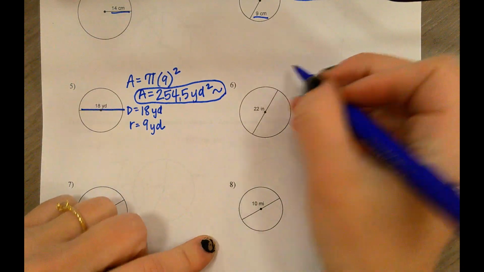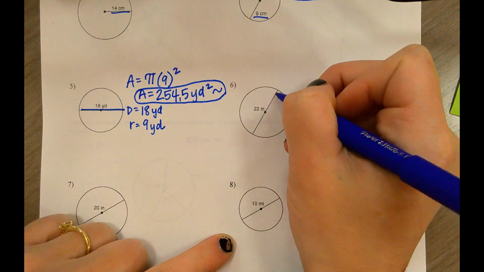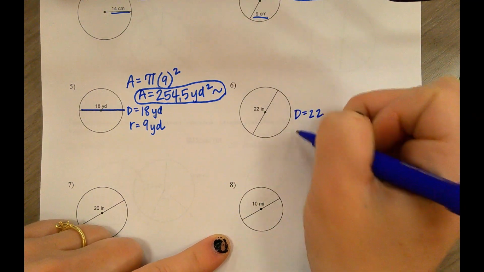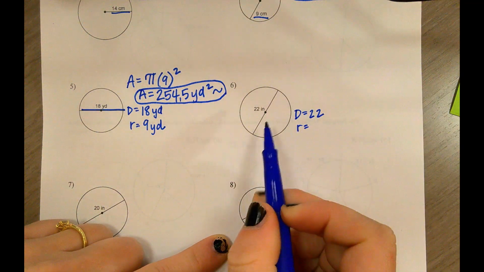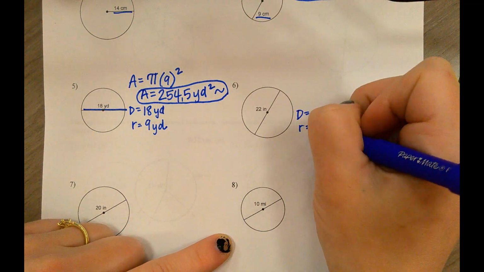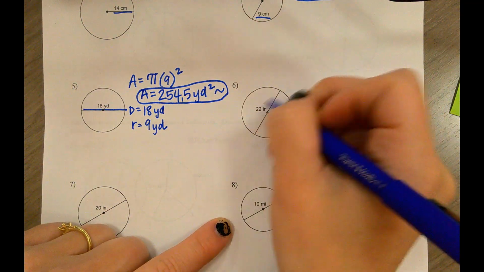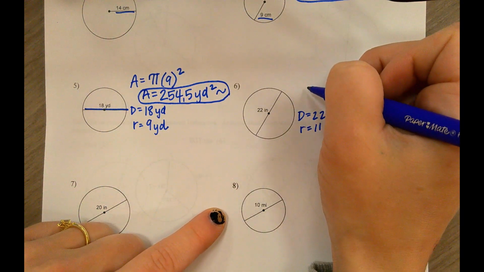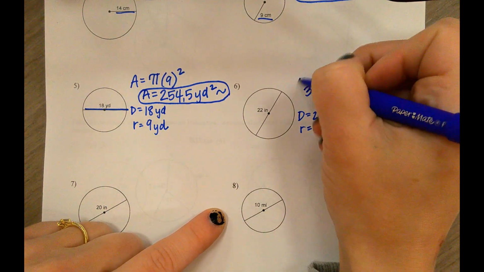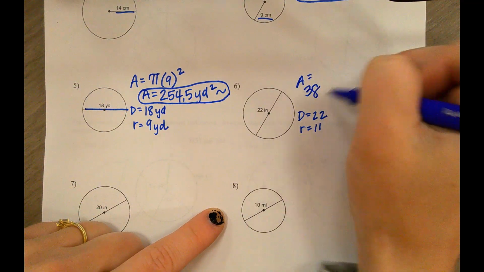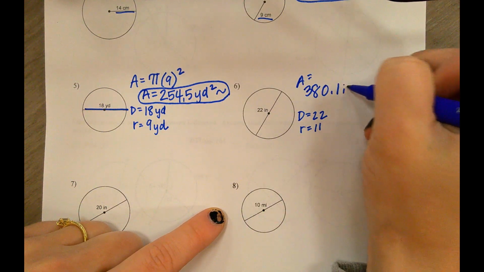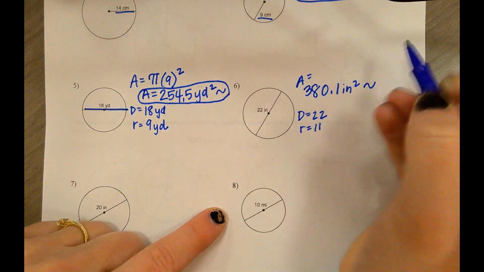Number 6, your diameter's 22. So your radius is half of that, 11. And you should get 380.1 inches squared, approximately.